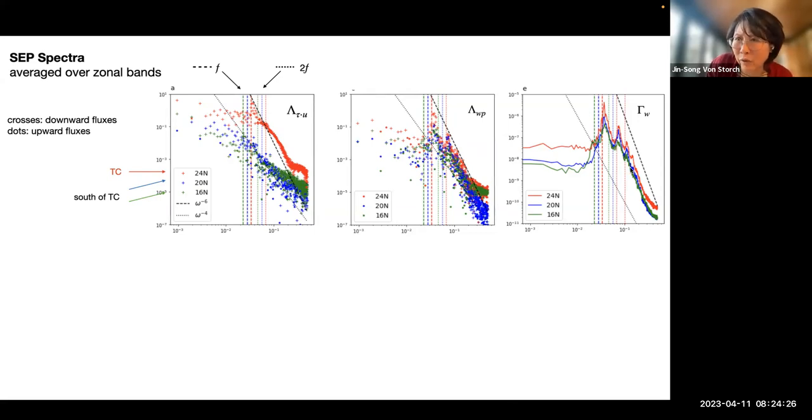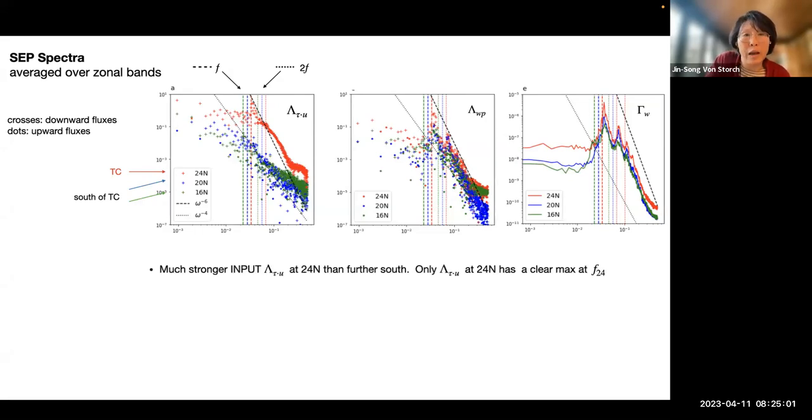And from the vertical velocity, you see that the maximum is at the latitude 24 degrees north, where you have the tropical cyclones. And if you move equatorwards, in the blue and green lines, you have the maximum at the same location, and also at the higher harmonics. This indicates that these tropical cyclones generate waves, and these waves propagate equatorwards and keep that frequency. So you still see them at lower latitudes.